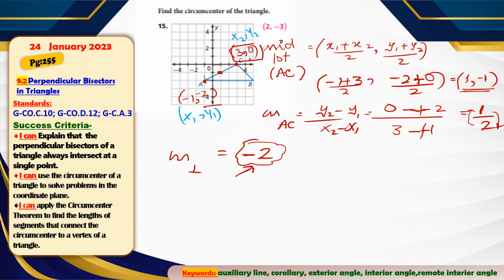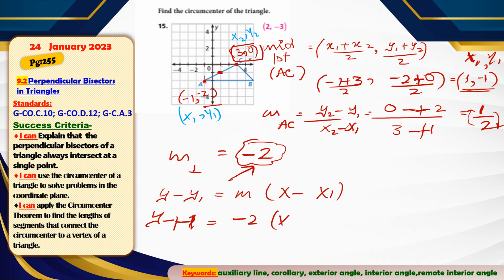But first of all, we will write the equation of the perpendicular bisector, that is y minus y1 equals m times (x minus x1). We will consider x1 and y1 as the coordinates of our midpoint. So y1 is -1, right? And negative gives us positive, equals m, which is -2, times x minus x1, which is 1.